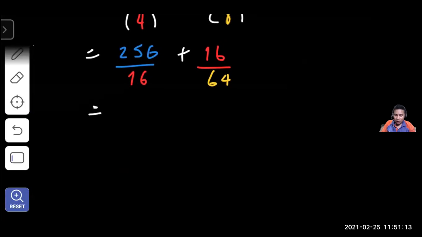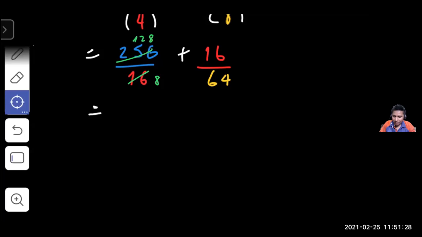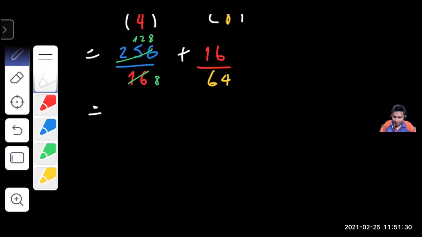What is the half of 256? 128. And what is the half of 16? 8. Do we have halves still? What is the half of 128? 64. And what is the half of 8? 4.